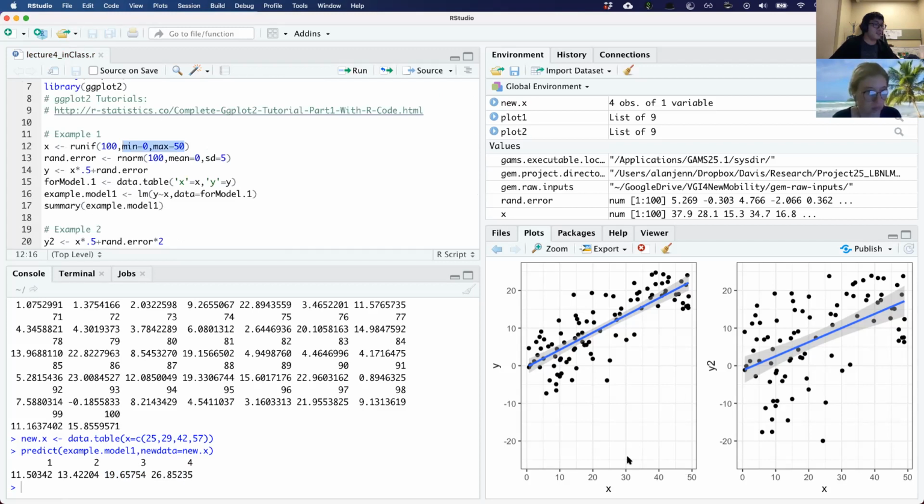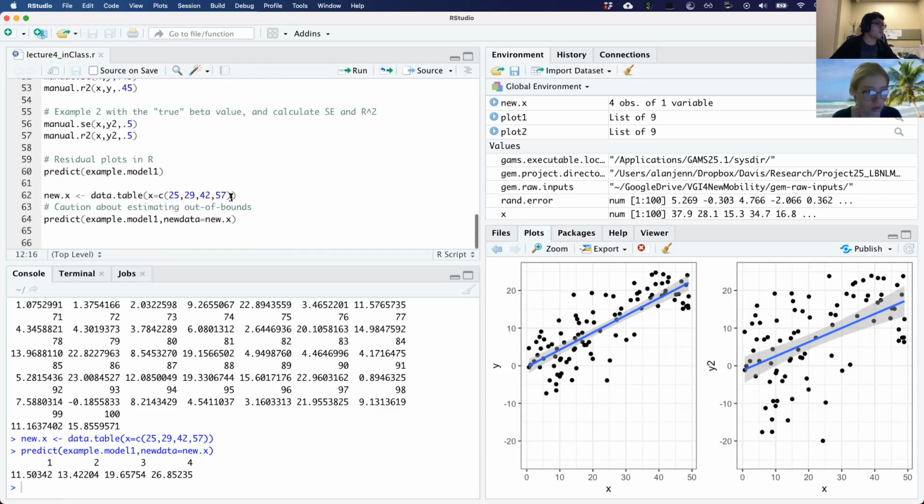And you can see, in fact, here, our axis goes from 0 to 50. Except that the data point here is at 57. And so that's well beyond where we've calibrated the model. That's just a general word of caution. You don't want to extrapolate your predictions beyond what you should be capable of doing.